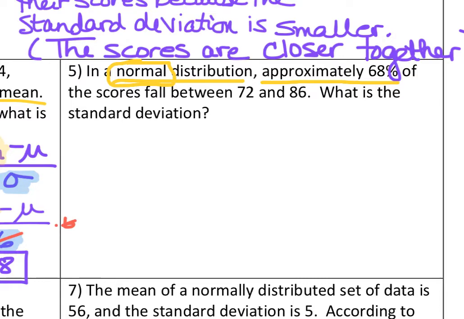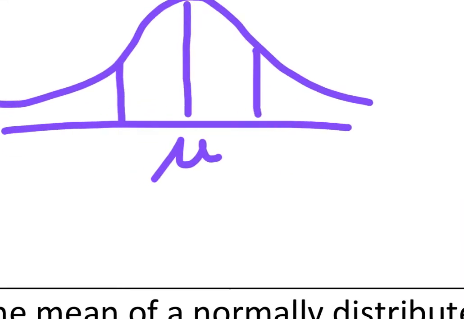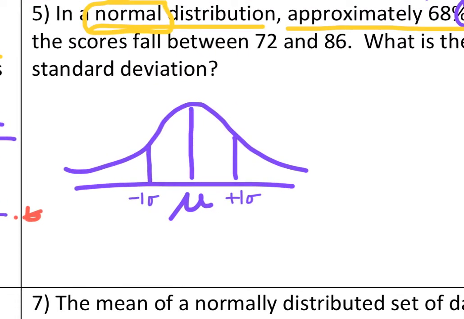So what I would do here is I would go ahead and draw that normal curve. And remember that your mean is in the middle, and that we're going to kind of draw vertical lines for +1 standard deviation and -1 standard deviation. And that this portion of the graph, -1 standard deviation to +1 standard deviation, is the 68%.